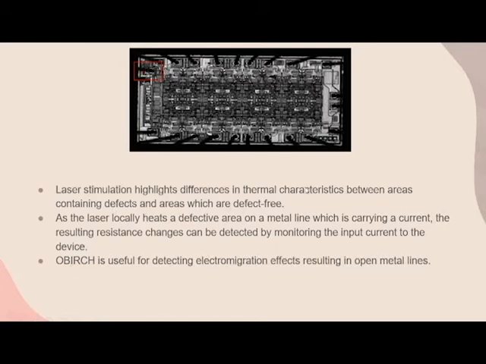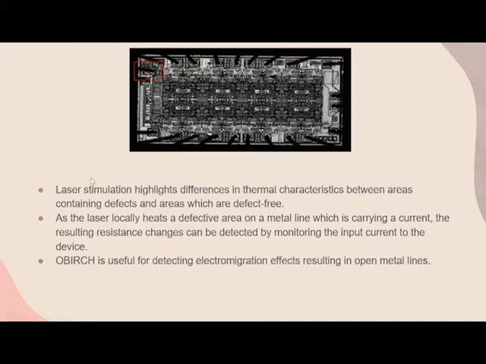It means that if areas have different thermal characteristics, we can differentiate between defect and defect free. As the laser locally hits a defective area which is carrying a current, the resulting resistance change can be detected by monitoring the input current to the device.